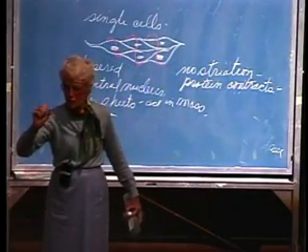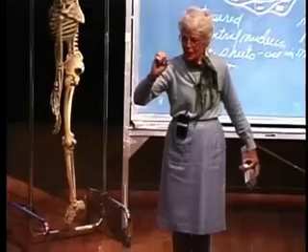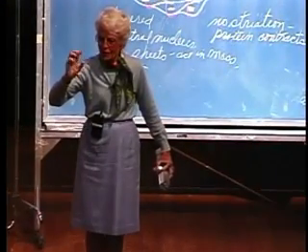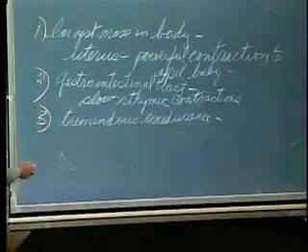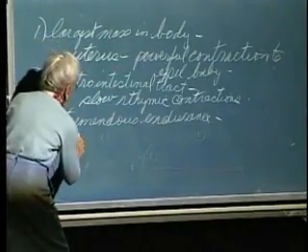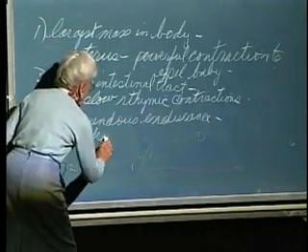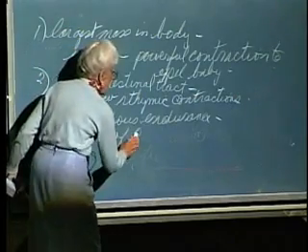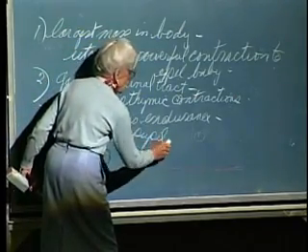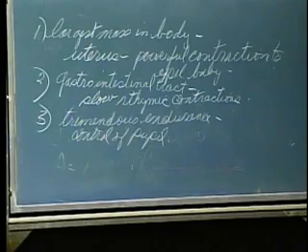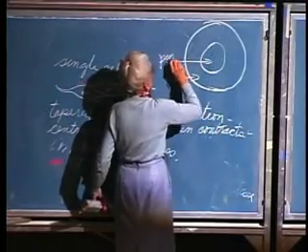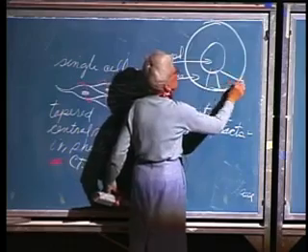Every time you look at your paper, it's expanding. You look away, it contracts, and so forth. Constantly. So in the pupil, control of the pupil. This is the iris. This is the pupil. And you'll have radial muscles like this.